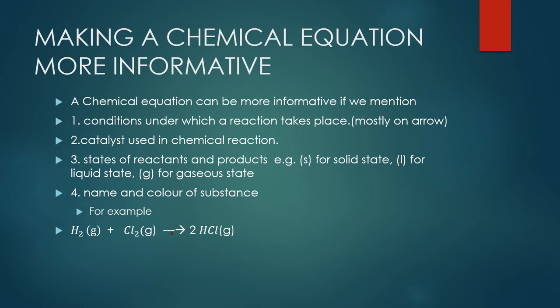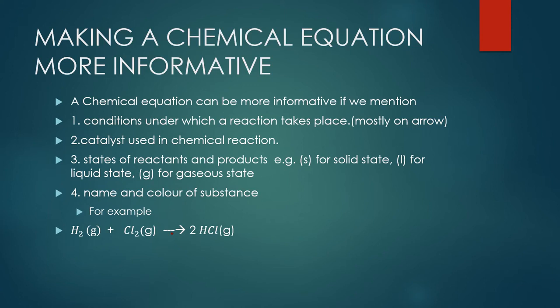Now the last topic is how we can make a chemical equation more informative. A chemical equation can be more informative if we mention the conditions under which a reaction takes place. Mostly it is mentioned on the arrow. We can mention catalysts used in the chemical reaction, and states of reactants and products.